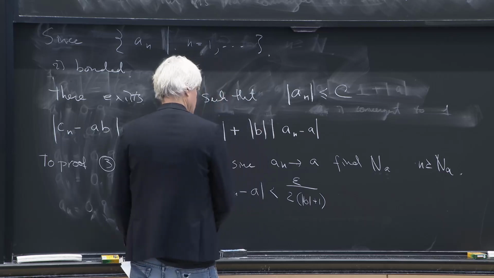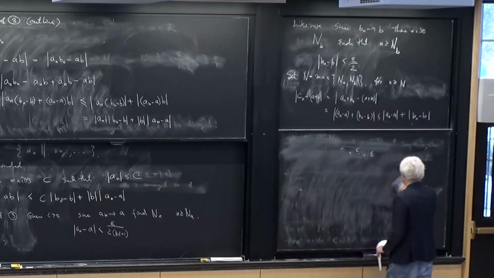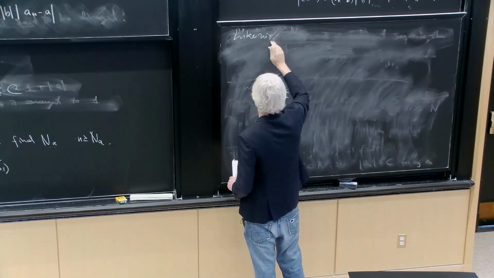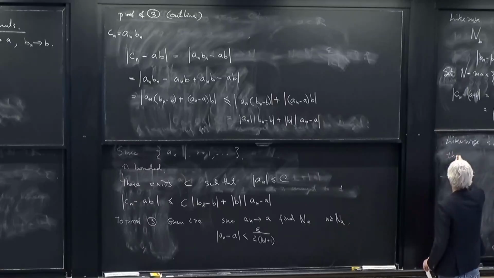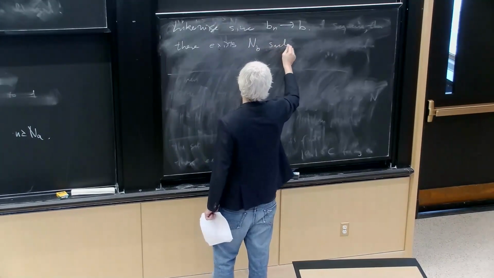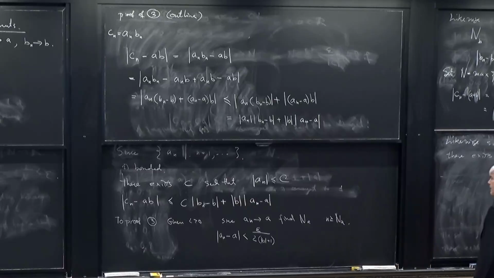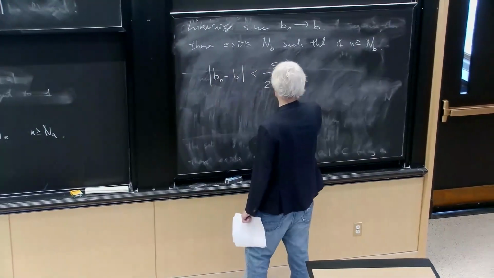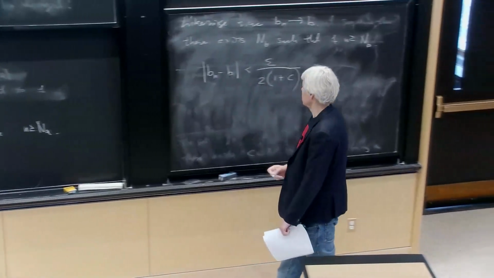And likewise, since Bn converges to B, then there exists, so again, you gave me an epsilon, so there exists an NB such that if little n is bigger than NB, then actually you have that Bn minus B is less than epsilon, again, over 2, and this is not quite what I use, because I don't want to be in trouble that C is already non-negative, because it's bigger than these absolute values. So I'm just adding 1 for the same reason.